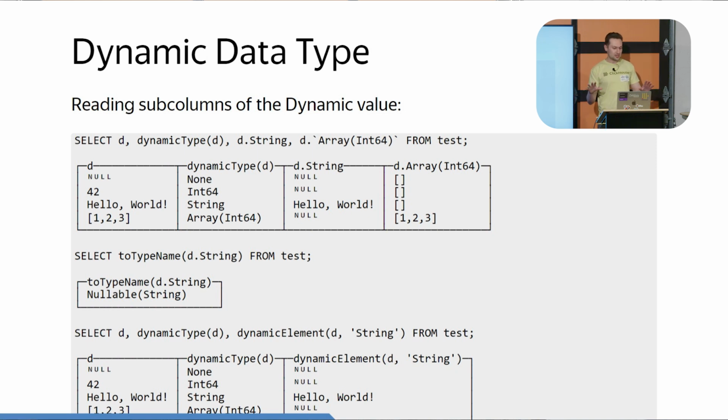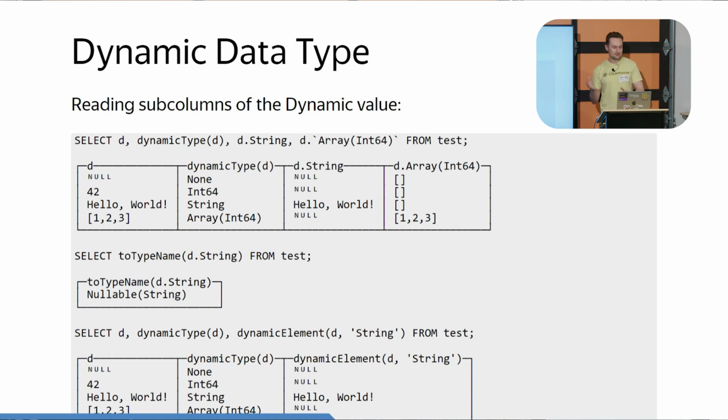And the main point is that this expression, this query, will be as efficient as if you have this explicit column of a string data type. There is no overhead at all. Different data types are stored in different subcolumns. And if you read it like this, if you are selecting a subcolumn, it will read only required data.